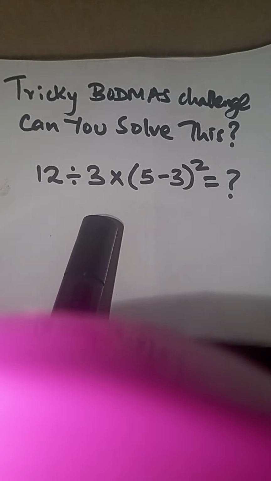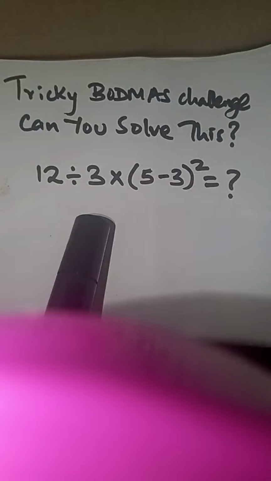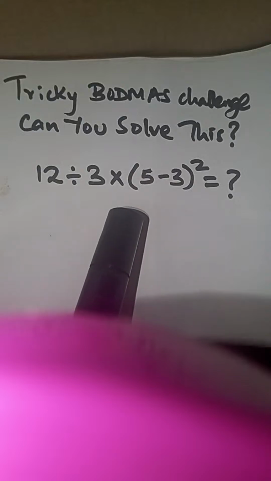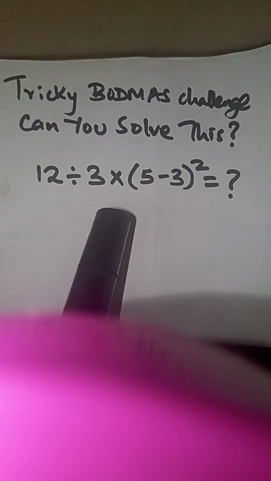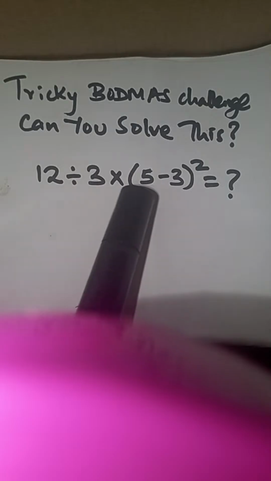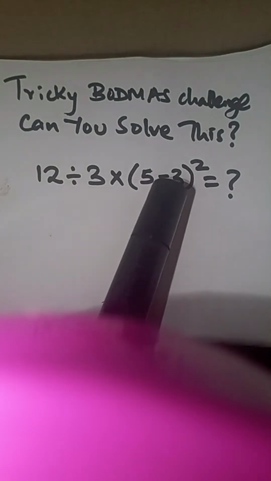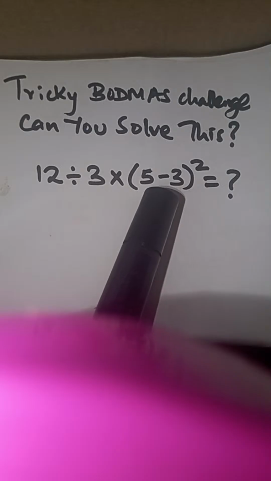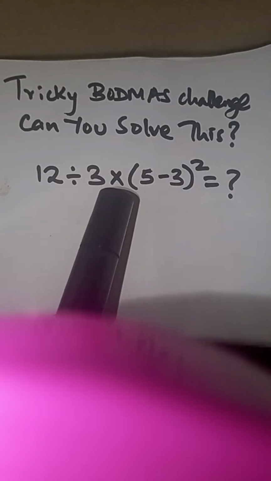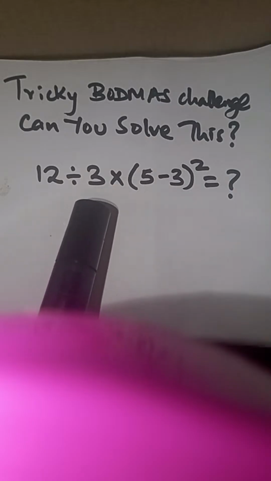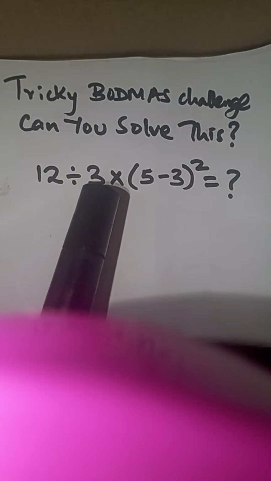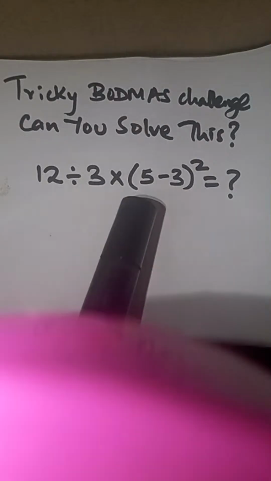Abu Haider, you're saying if it was divided by 3, and then in bracket 5 minus 2 squared, then the answer will be 1. But here, the answer of your question, you're saying the answer.